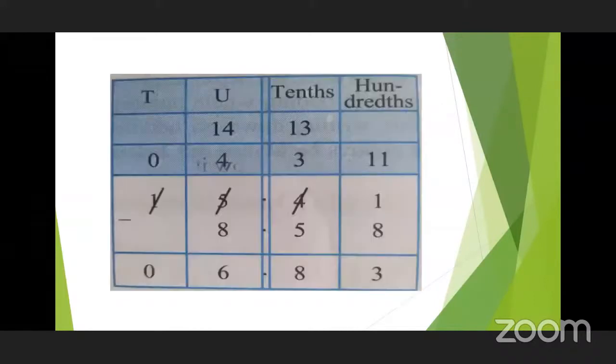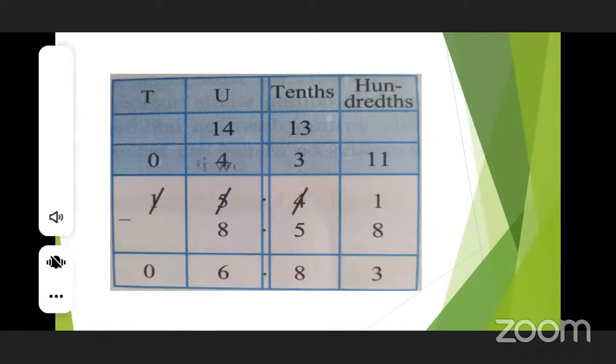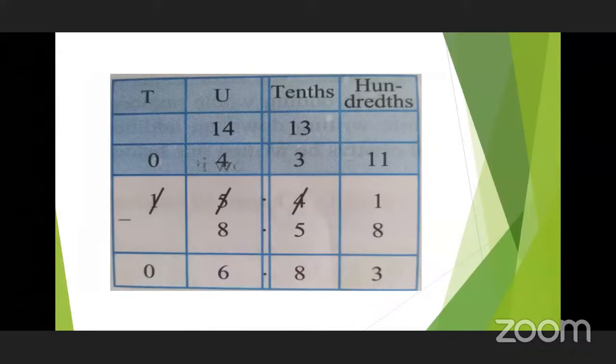Now see this, this is our sum. We will continue it. 1 minus 8: we cannot subtract it from 1, so we borrow 1 from 4.